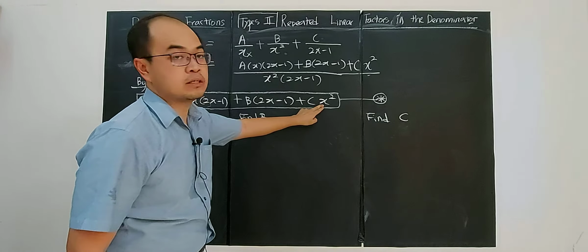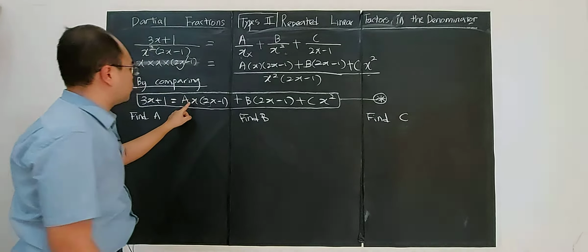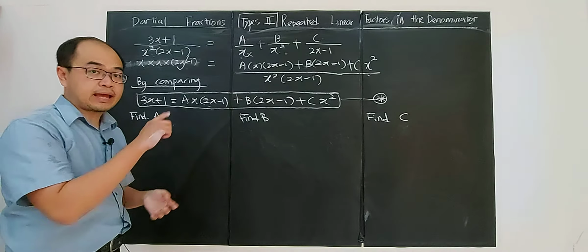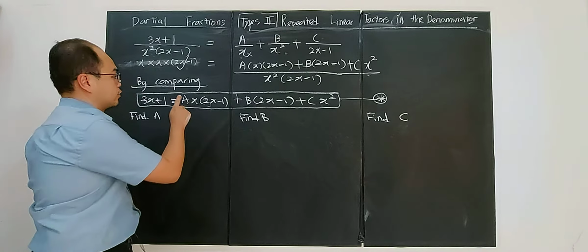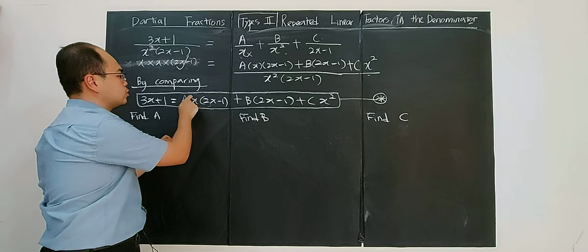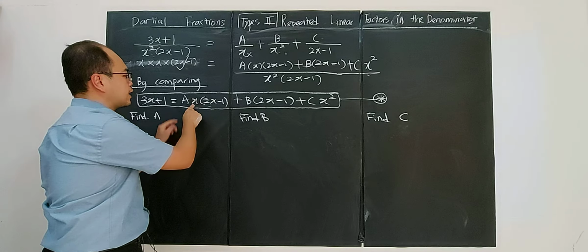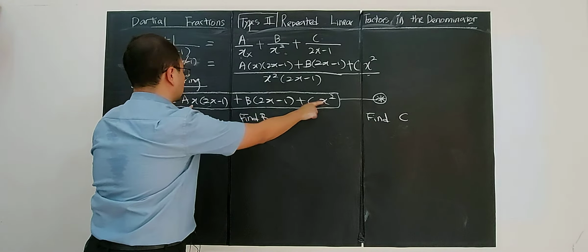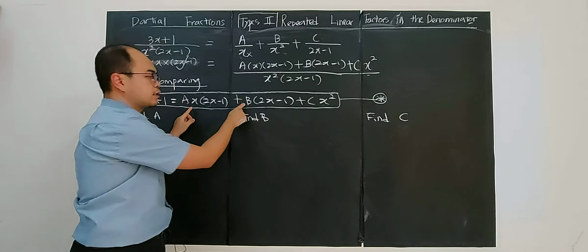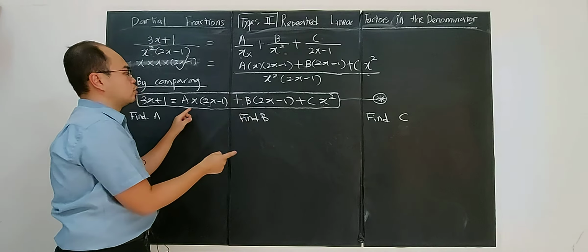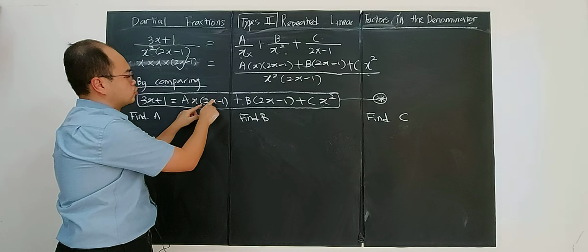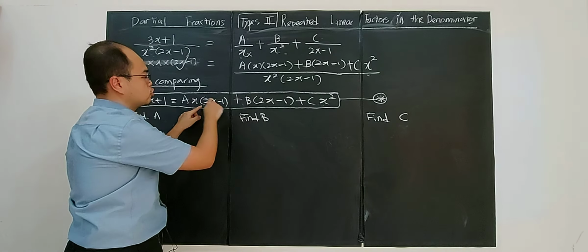So if you take x equals to 0, here you will become 0, because here you have x. If you put x as 0, these two will become 0. Then you're finding the b first, right? So if you choose 1 over 2, for 2x minus 1, you choose 1 over 2.